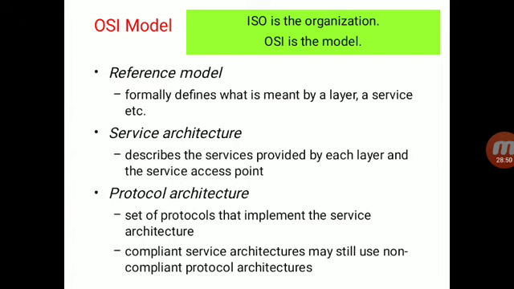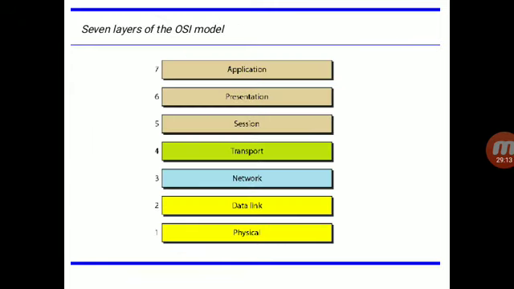It allows the design of network systems that allow communication between all types of computer systems. That's why it is called a reference model. It provides you the service architecture and the protocol architecture.